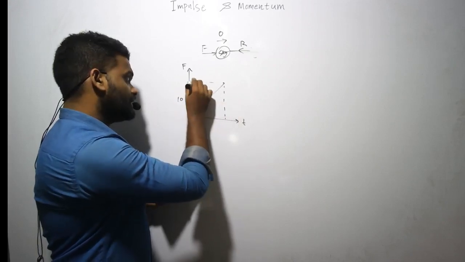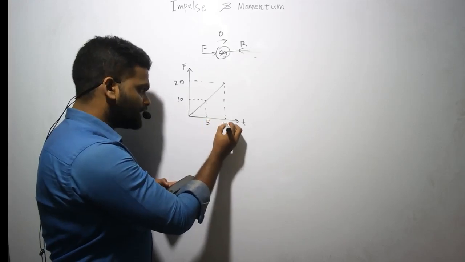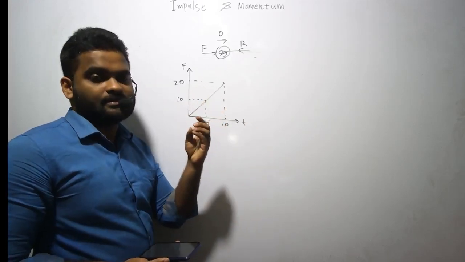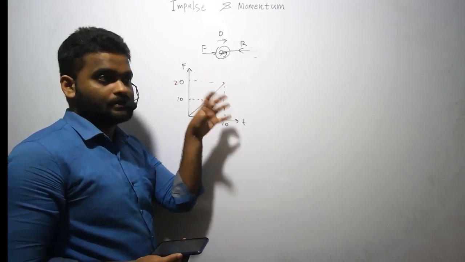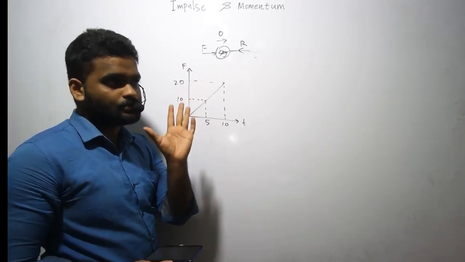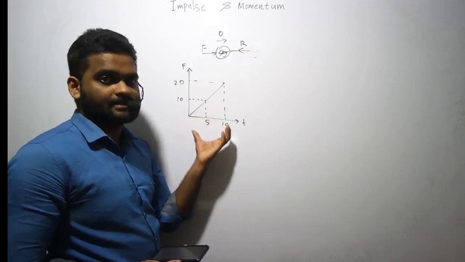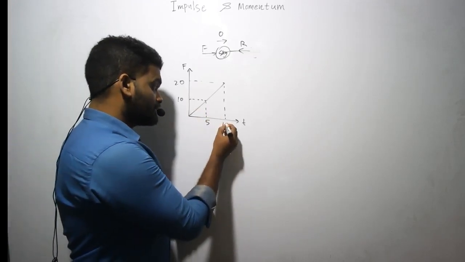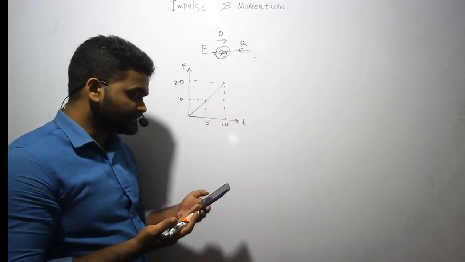10 here, 20. So for these questions, you cannot apply motion equations. You cannot apply because the force is varying, right? So if the force is varying, acceleration of the object also varies. So it is not possible to apply motion equations for these cases. So the only way is to think about the applications of impulse here.